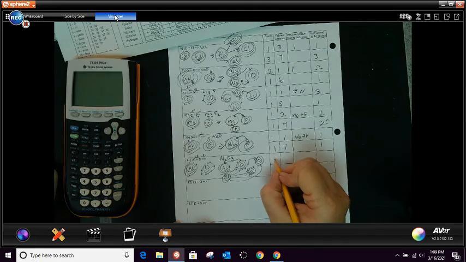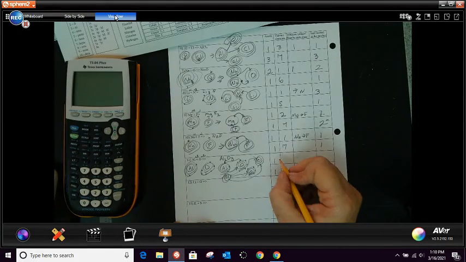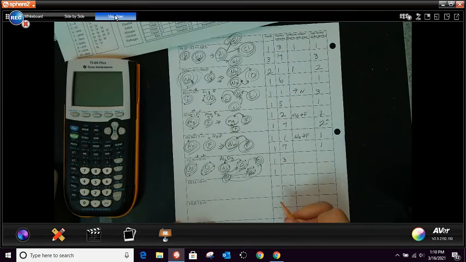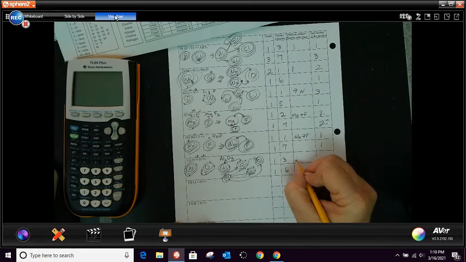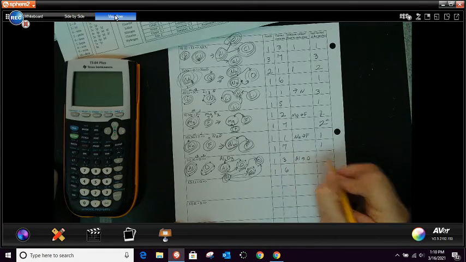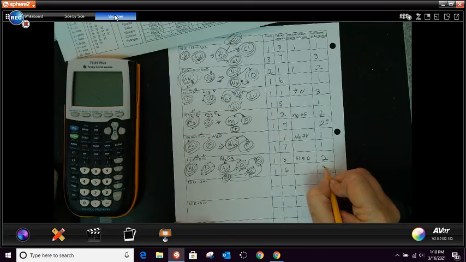So I had 1 aluminum, 1 oxygen. Aluminum, we said, had 3 valence electrons. Oxygen, we said we had 6. We know that aluminum is going to donate to oxygen. To end up with, I'm going to have 2 aluminum and 3 oxygen.